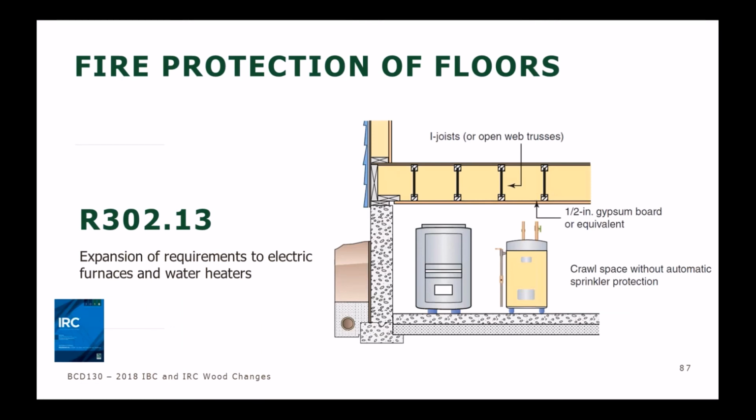So in a lot of the country we have I-joists and we have trusses as part of our floors. Those areas, if you have a crawl space that has your furnace, water heater, etc. in that space, you're going to do this 1/2-inch gypsum board protection or something equivalent. If there's a basement, you're going to do this. And there are a couple exceptions to get around that.